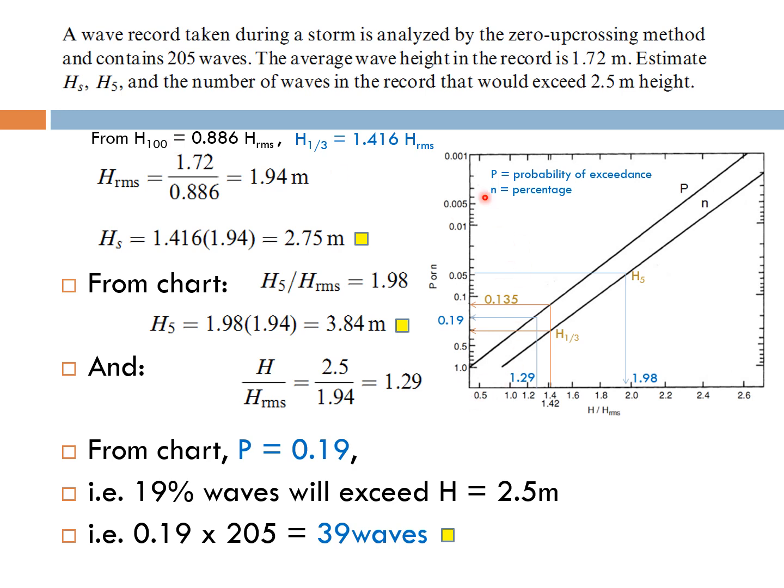Now if we look at the chart, the same solution that we have just derived is actually inside here. Just now we were trying to work out the significant wave height, which is the H1/3. 1/3 is about 0.33.